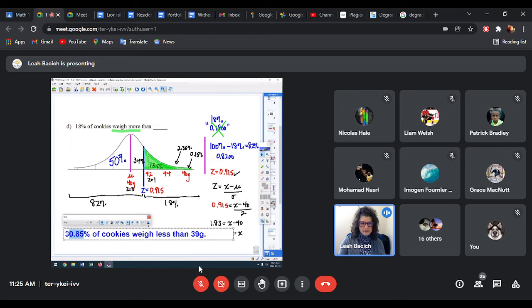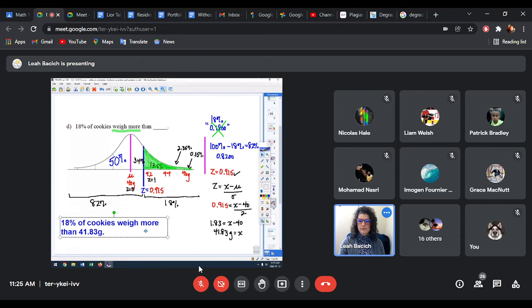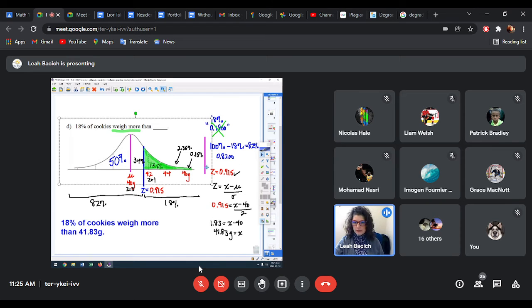So this time I'm going to say 18% of cookies weigh not less, but more than, what did I have? 41.83 grams. So that would be my statement. So I'm really hoping that you're drawing little sketches here because, believe it or not, they will help you to make sense of the information that's given.